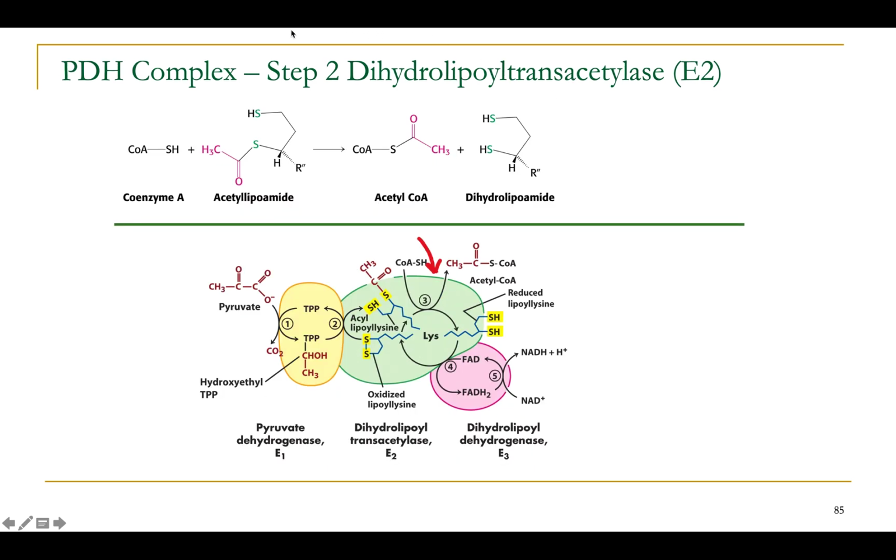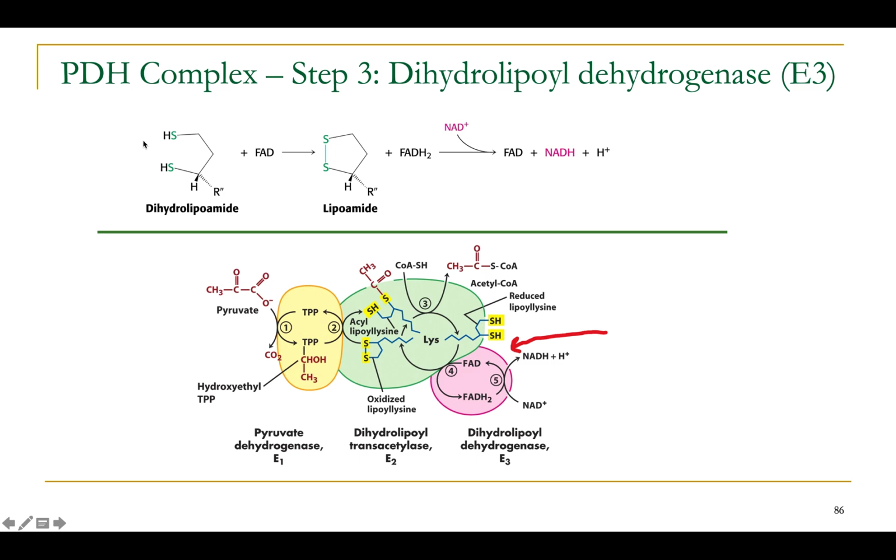At the third step, or second part of the second step, the transesterification activity within E2 allows transferring the acyl group from the reduced lipoate to coenzyme A, thus generating the final product, acetyl coenzyme A, and the completely reduced form of lipoate, dihydrolipoate.